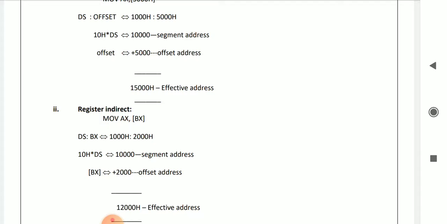Now to calculate the effective address, again you have to multiply the segment register by 10. In each addressing mode you need to multiply it by 10, so that it is shifted to the left by 4 bits.